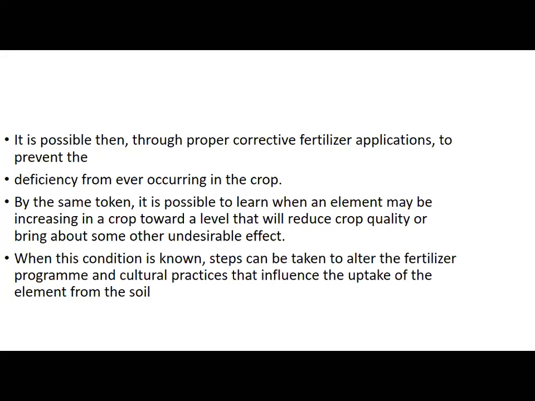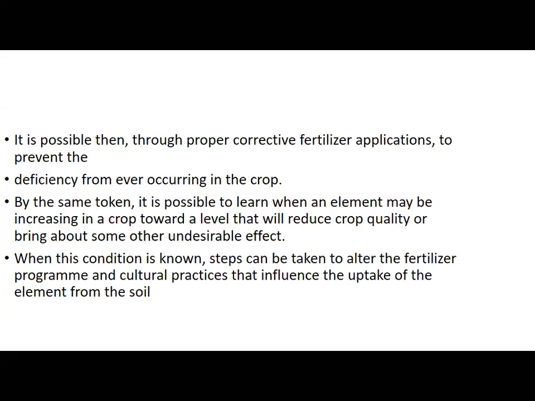It is possible to learn when an element may be increasing in a crop toward a level that will be toxic and limit the quality of that plant or produce, to avoid undesirable effects, only by leaf analysis.